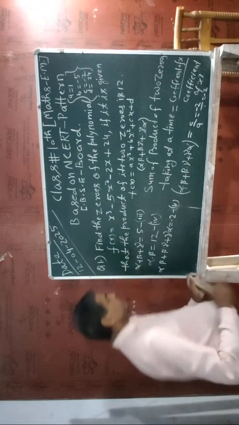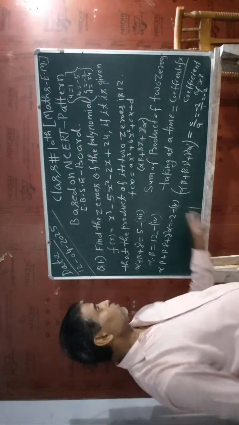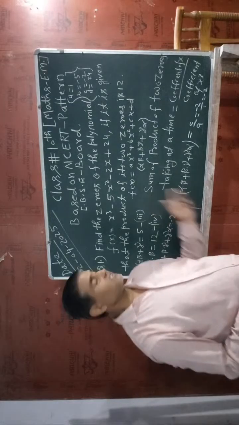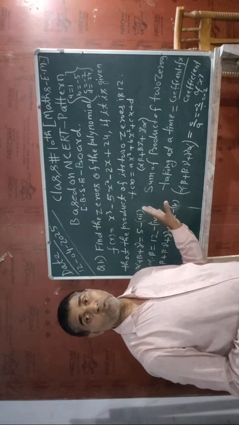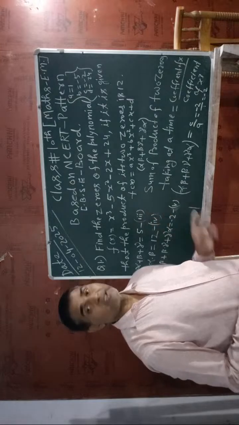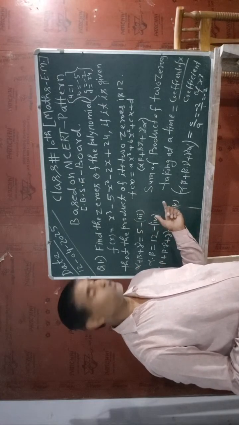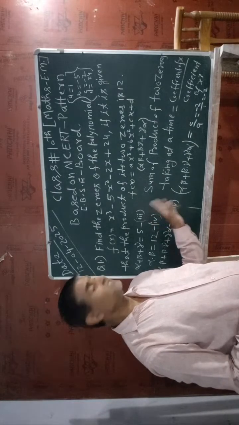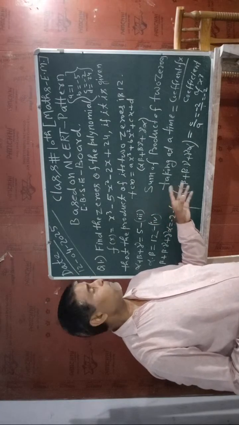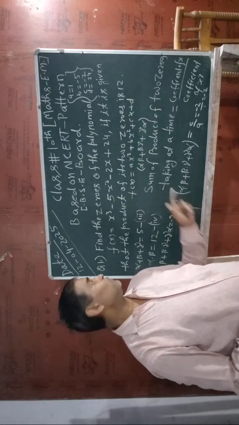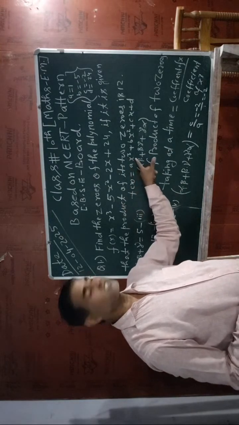Okay, student, now I will also use the third case. If three roots are available, I have to take the product of these three roots. The product of these three zeros means alpha into beta into gamma, which is equal to constant term divided by coefficient of x cube.